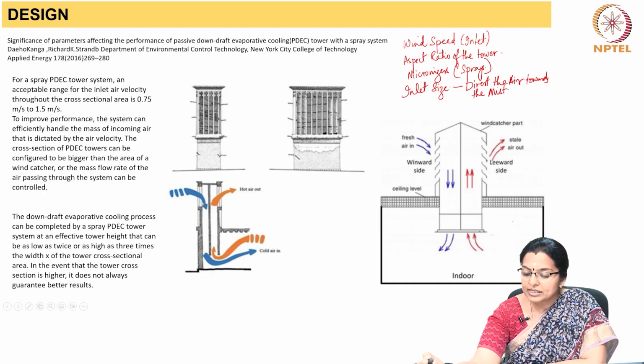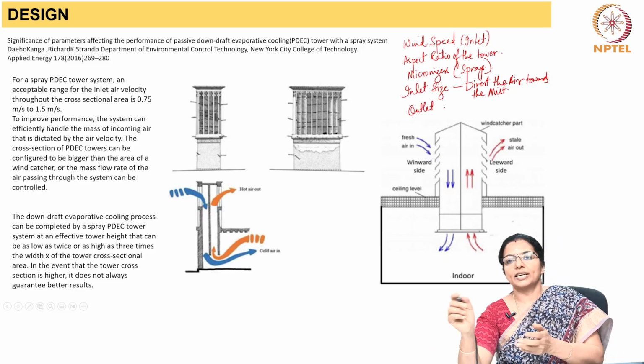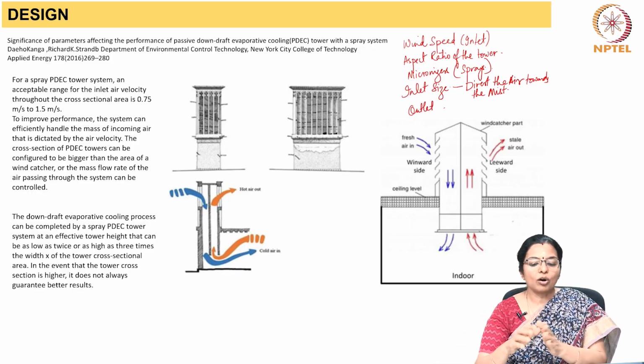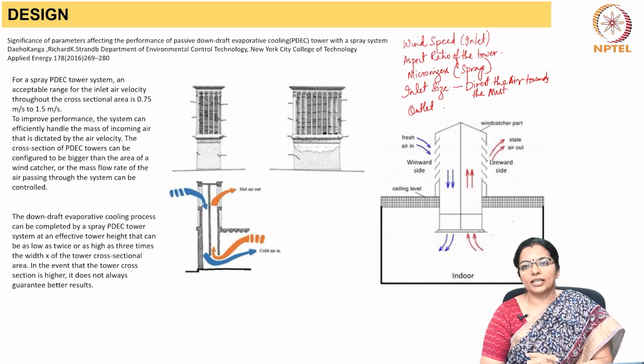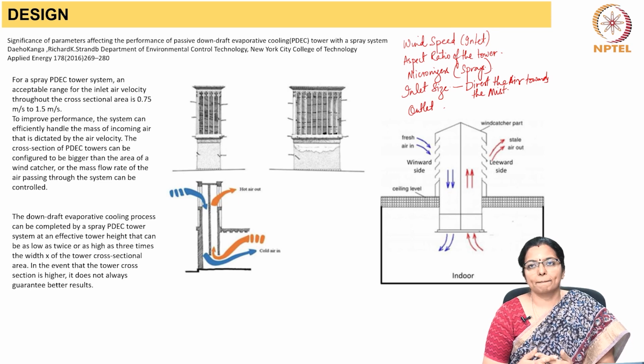So, all of these become important, and there has to be an outlet somewhere which is based on the design. So, all these aspects affect the efficacy or functioning of a PDEC.